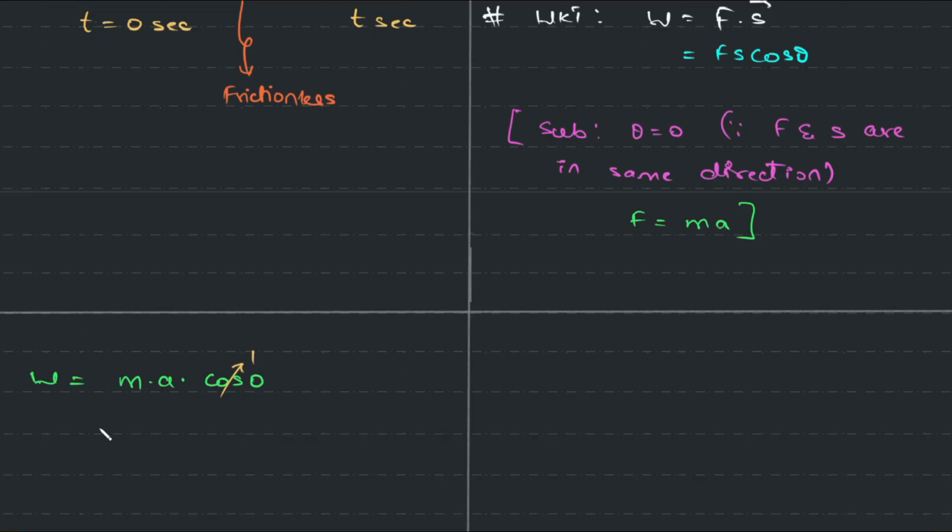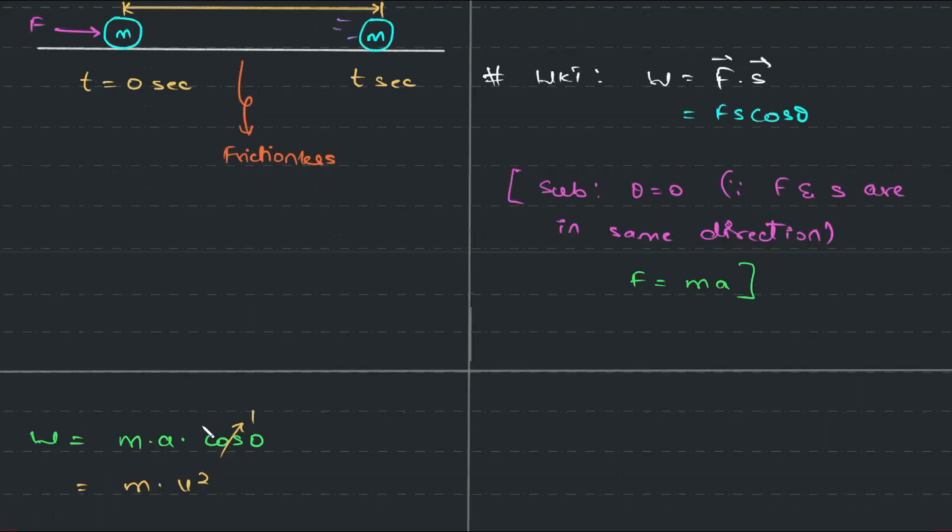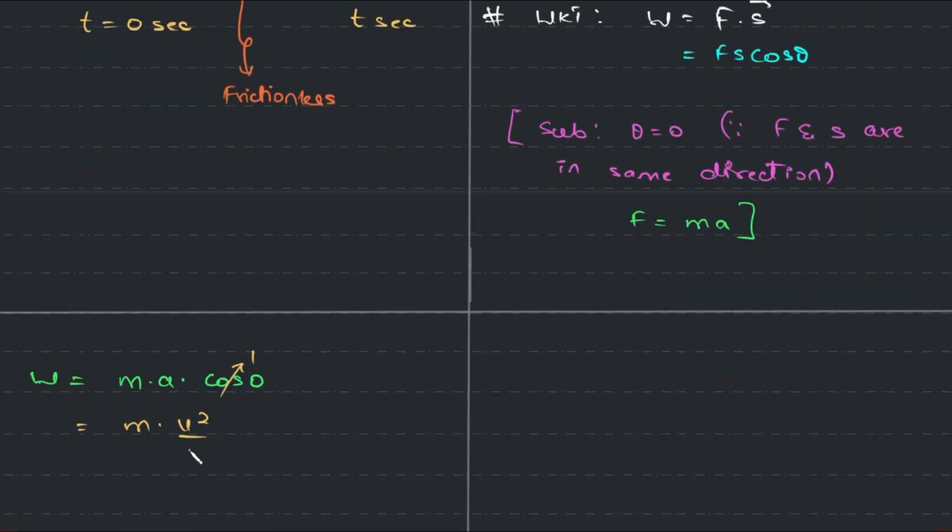This is equal to 1, and a is v square, what is it guys, by 2s. Okay, I forgot s itself, my bad. This is force into displacement. Okay, it doesn't matter, you guys can understand this, right? And there's still displacement over here, s.